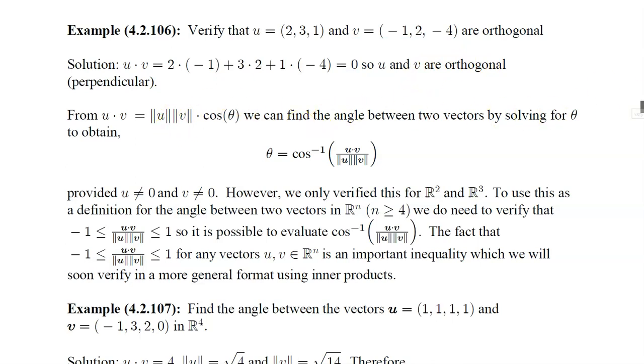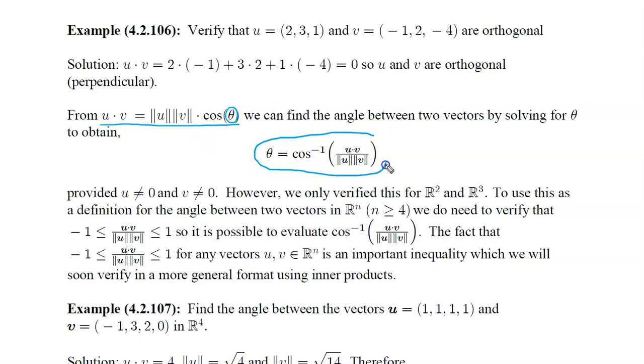Now notice another fact from the formula that we had here. If you start out with this formula that we derived, you can calculate the angle theta between the vectors u and v if you simply divide u dot v by magnitude u times magnitude v, and then take the inverse cosine function of both sides. And you end up with this formula down here.